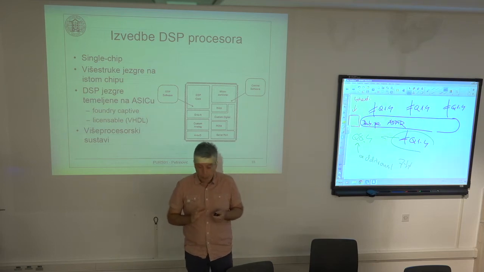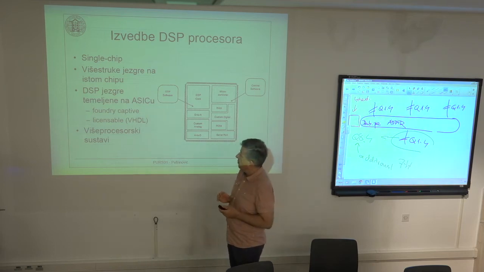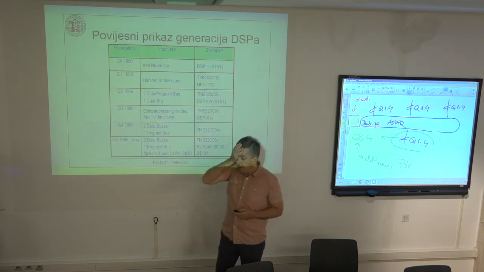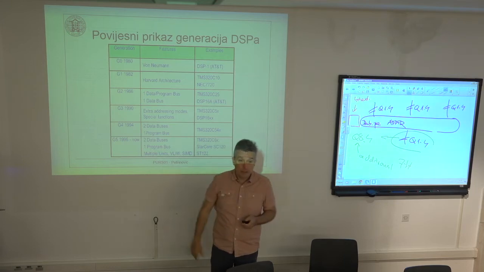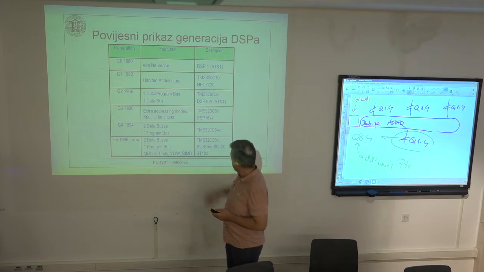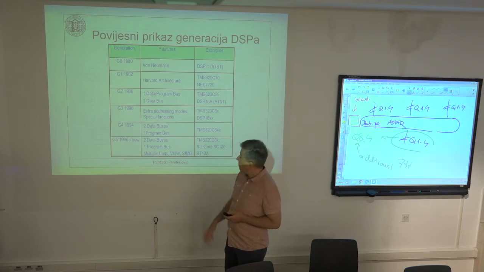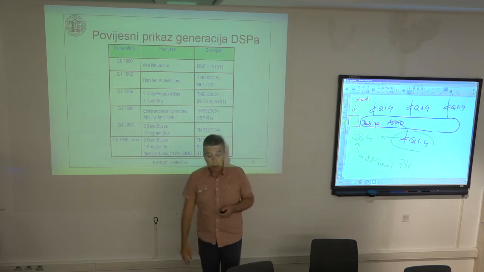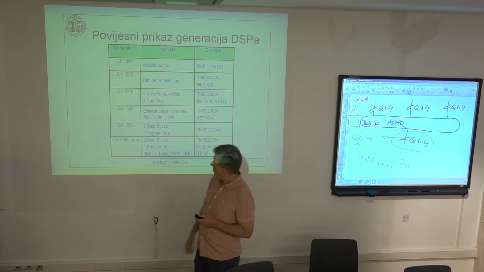So all you need to have a complete computer system is available, and you can buy this chip. Written on the right side are the formal names or designations of these chips. All of those were single chip solutions as a DSP.